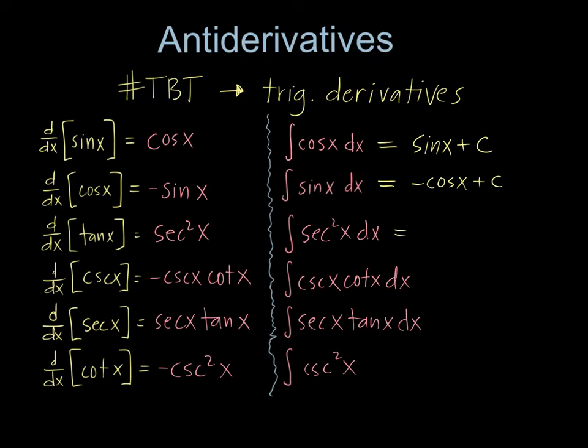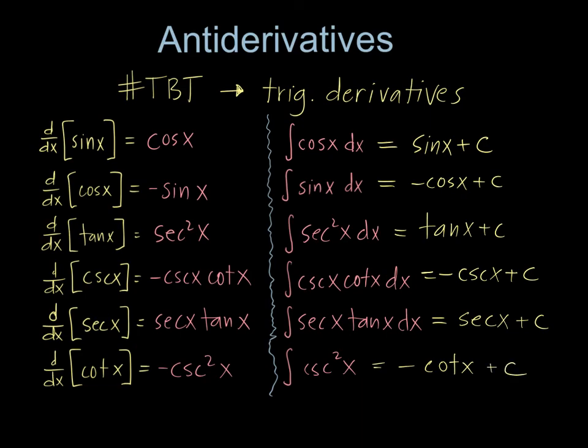The antiderivative of secant squared is tangent. The antiderivative of cosecant cotangent is negative cosecant x plus c. Secant tangent becomes secant, and cosecant becomes negative cotangent.